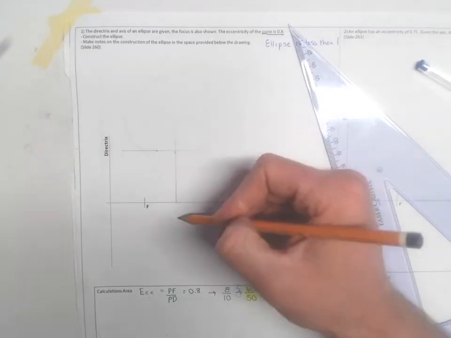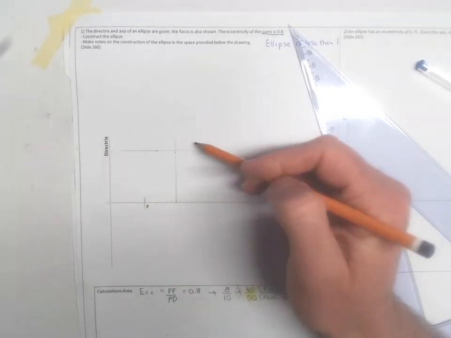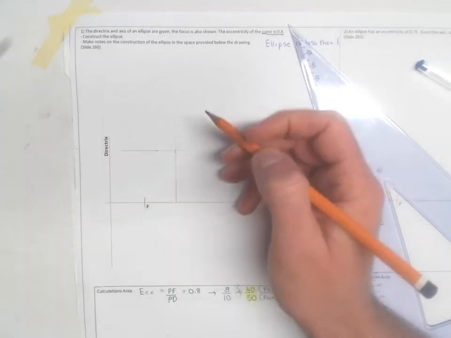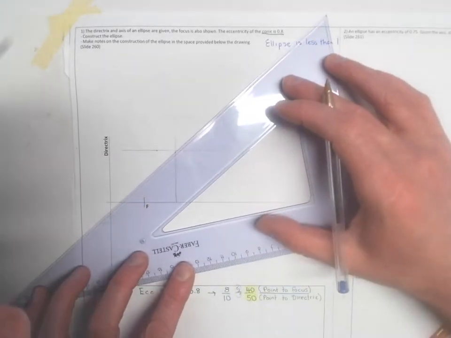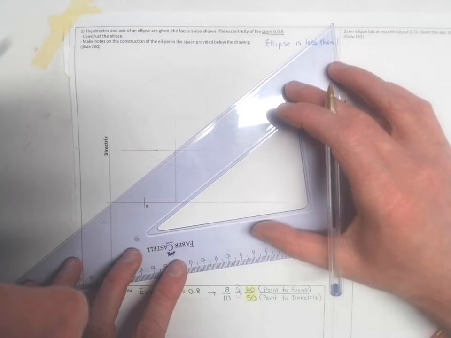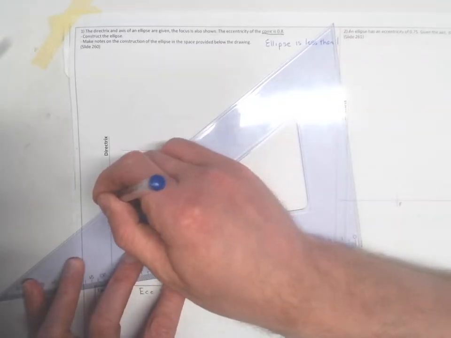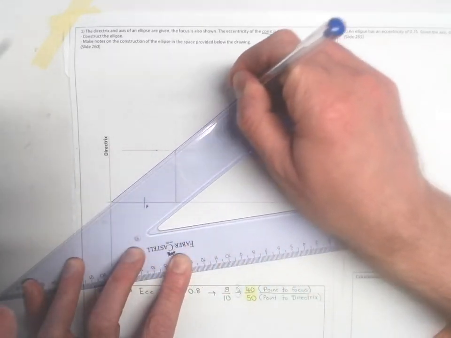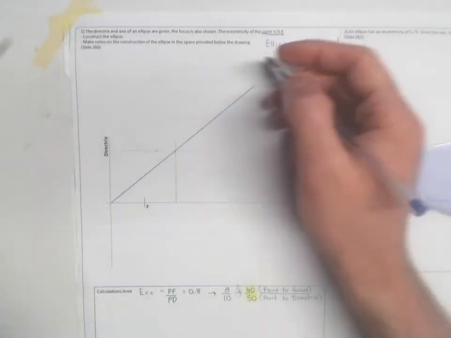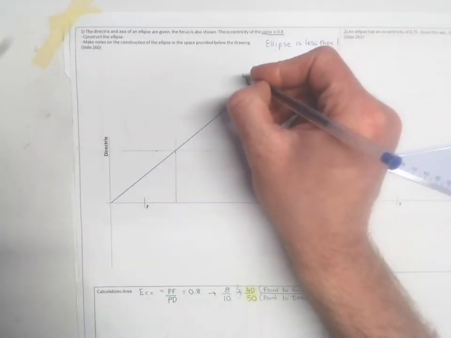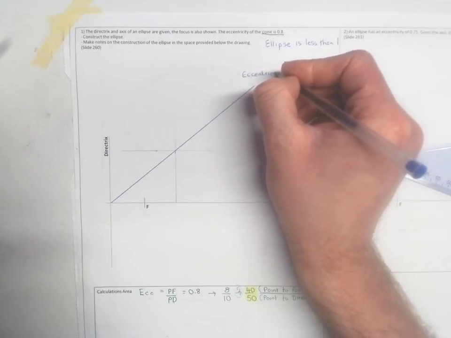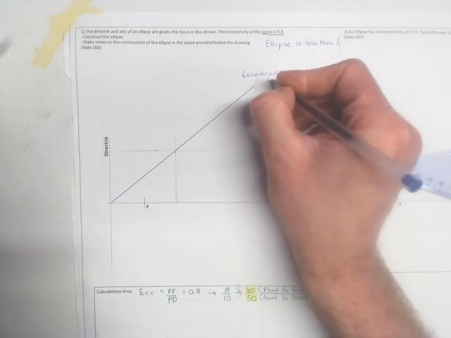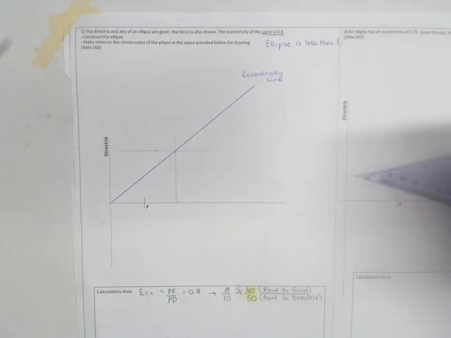Where they cross, so I came up 40, out 50, where they cross will be a point on your eccentricity line. I'm just going to draw it in blue so you can heavy it in. So I'll label that, that is your eccentricity line.